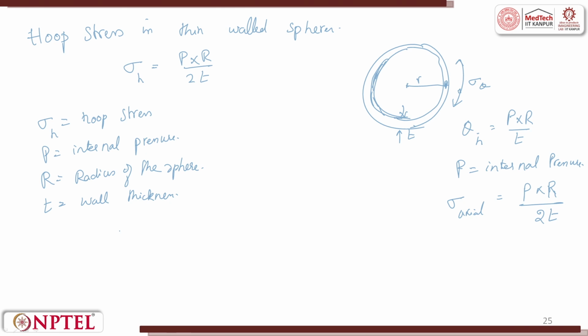Now, the formula of the hoop stress in the thin wall sphere is derived under the assumption that the wall thickness is extremely small as compared to the radius.